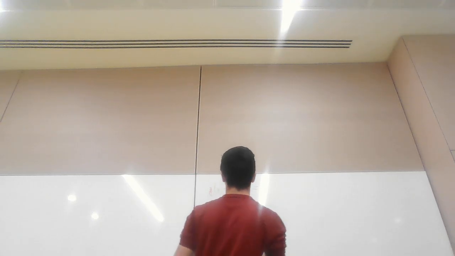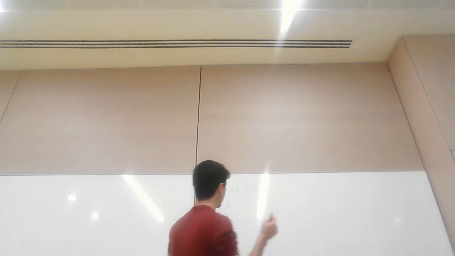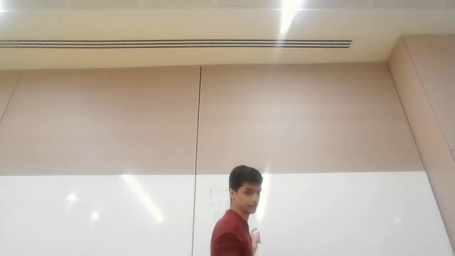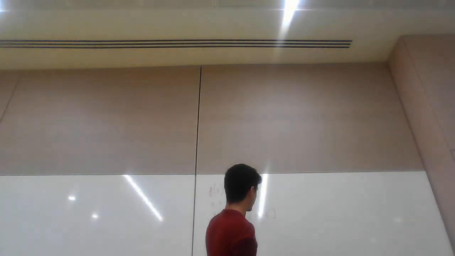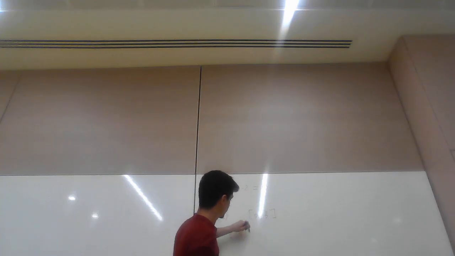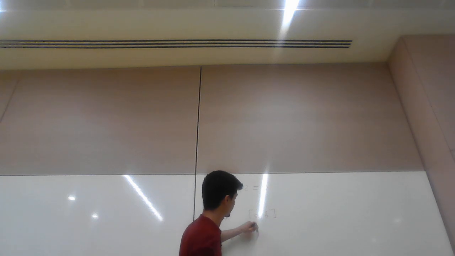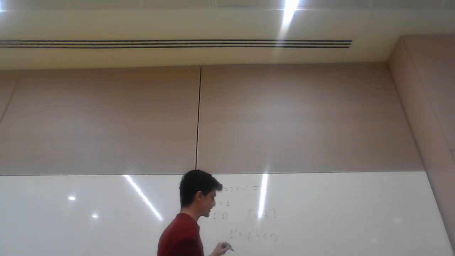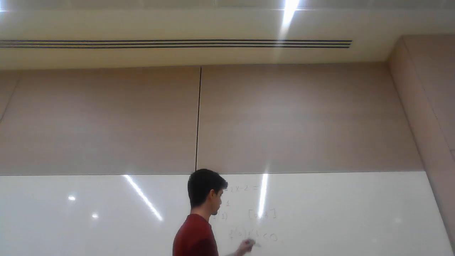The theorem is this. According to the theorem, if in a closed interval between a and b, f(a) multiplied by f(b) is less than 0, then the function has at least one zero.